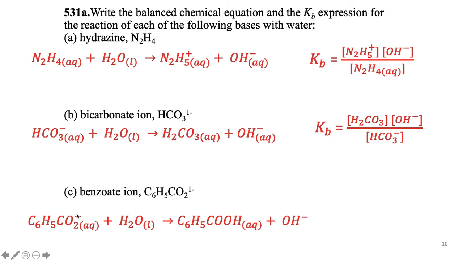The hydrogen I added, and I went from a minus 1 to a 0 charge because minus 1 plus a 1 from the hydrogen gives me 0. And water, when it loses a proton, becomes the OH minus, and this has to be aqueous as well. And the Kb is written the same way as I wrote these: the molar concentration of my benzoic acid multiplied by the concentration of OH minus divided by the concentration of the benzoate ion.